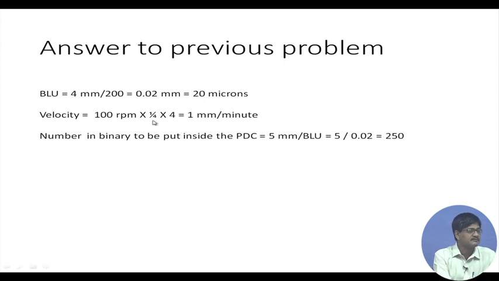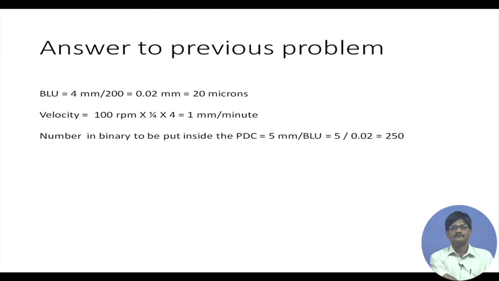Why so? Just one moment. 4 millimeters of movement, 100 RPM. So, I think it should be 100 millimeters per minute. Please correct this. It should be 100 millimeters per minute.